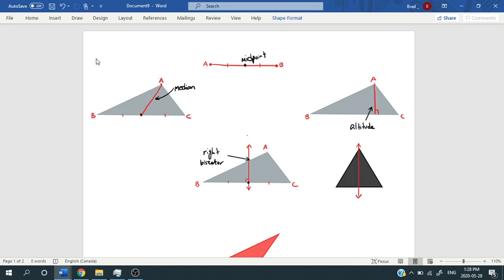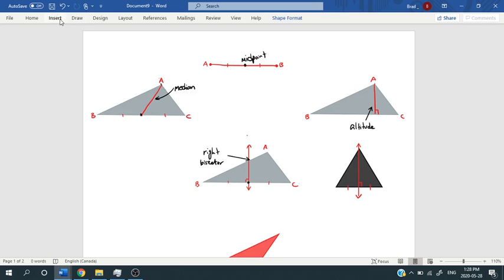It's passing from a vertex through to the midpoint of the other side. It's also a right bisector because it is bisecting this line here. And it's also an altitude because it's going from a vertex through to the opposite side at a 90-degree angle. So this is a right bisector, a median, and an altitude. It's all three, which is pretty cool.